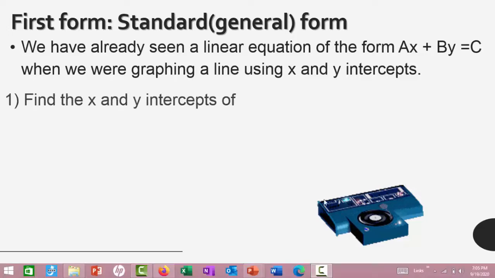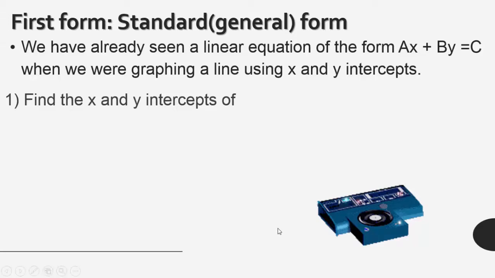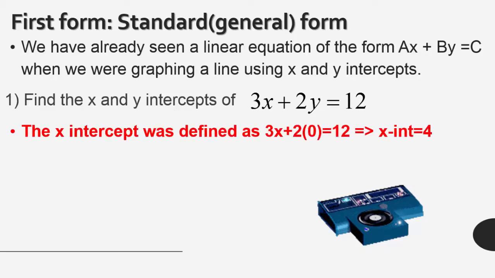In example number 1, we're asked to find the xy intercepts of 3x plus 2y is equal to 12. The x-intercept was defined as 3x plus 2 times 0 is equal to 12.